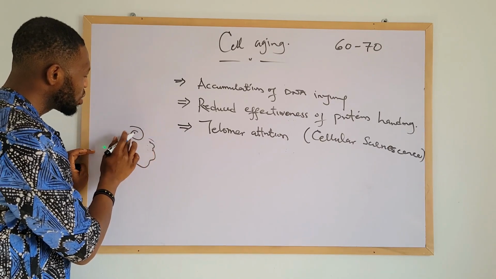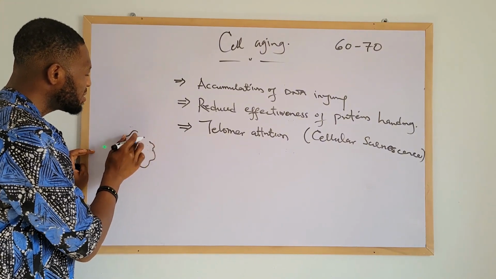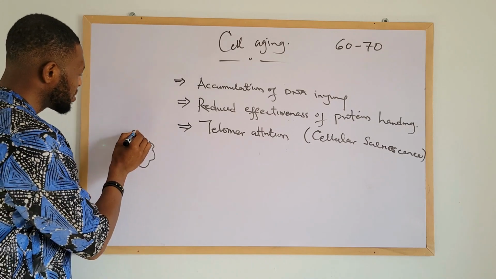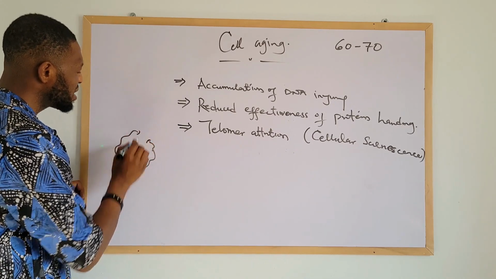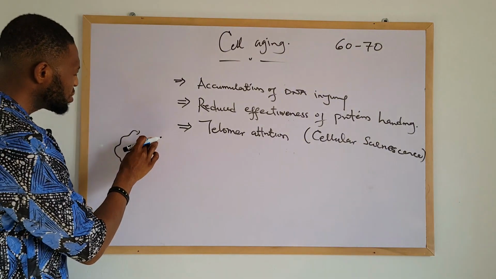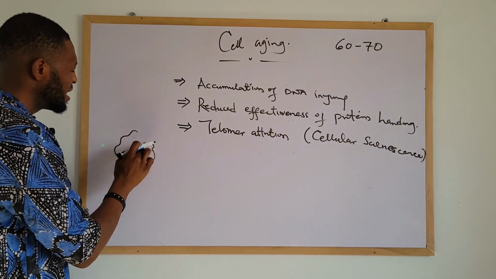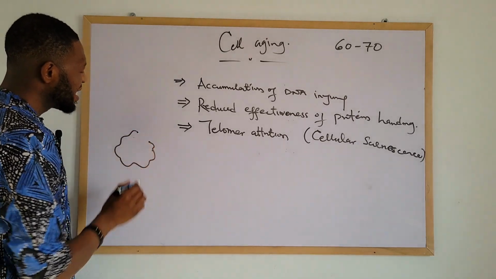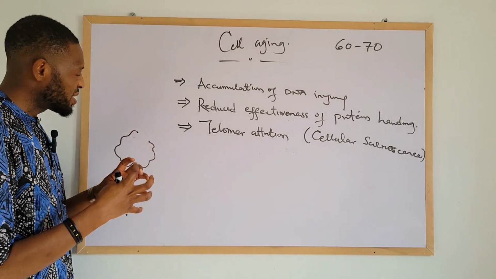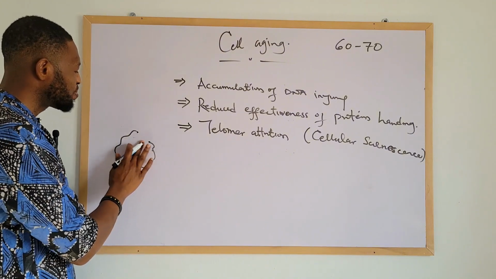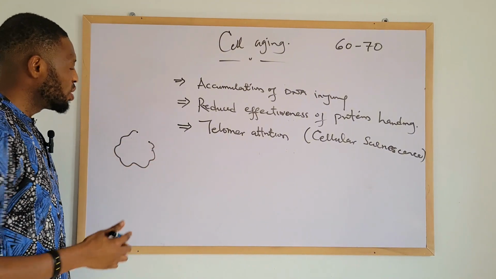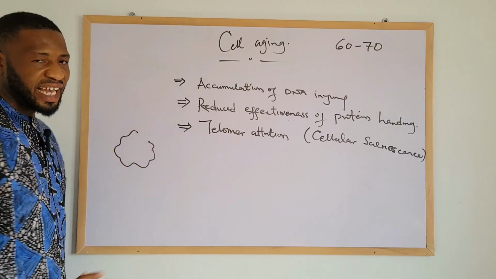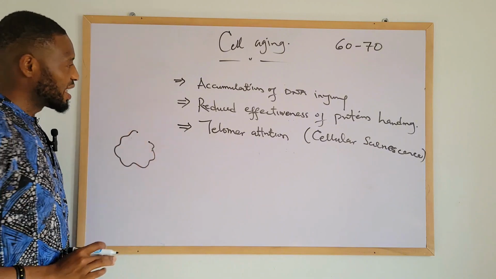It continues to reduce until eventually it has completely disappeared, or when it has reduced so significantly, the DNA repair machinery begins to sense these two ends as breaks. And then, of course, the gene that is responsible for controlling the cell cycle will ensure that this particular cell does not divide anymore, because it will sense these as breaks.